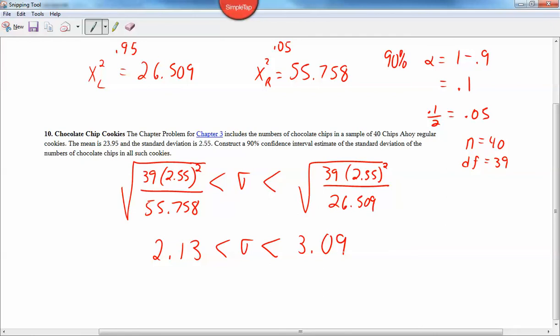Okay, so that's how we find the 90% confidence interval estimate of the standard deviation for that problem.